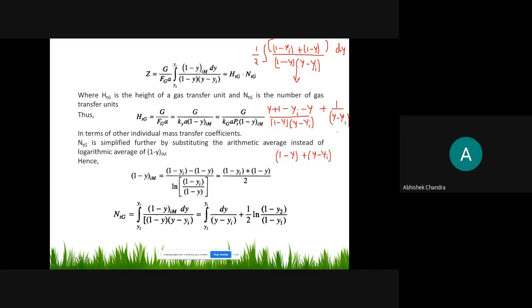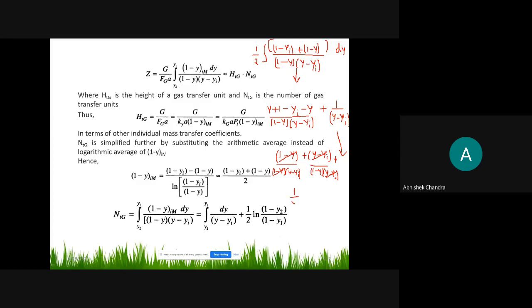So this term we have written here, plus something, and divide this by 1 minus y and y minus yi. Here again this term 1 minus y and y minus yi. So what will happen? This 1 minus y is cancelled out here, and this y minus yi is cancelled from this.